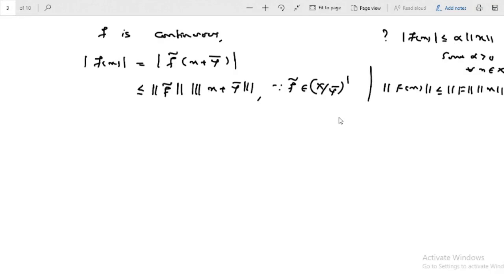Okay, by theorem 6.6. And what is the quotient norm of x plus y bar? It is equal to infimum of the set norm of x plus y such that y belongs to y bar. Okay. And we know that y bar is a subspace, therefore 0 belongs to this collection.